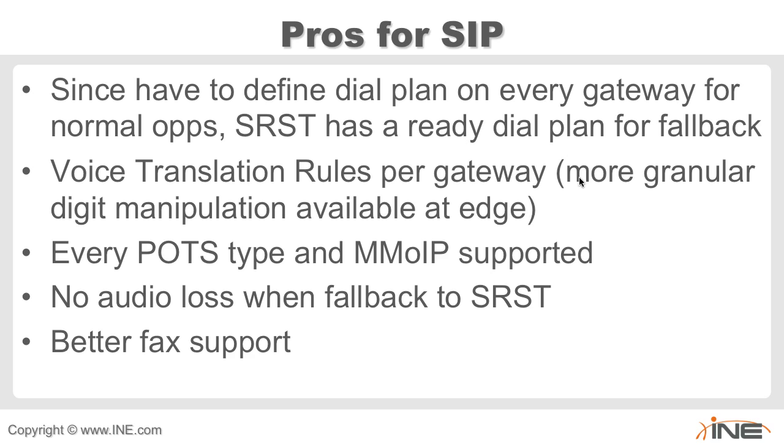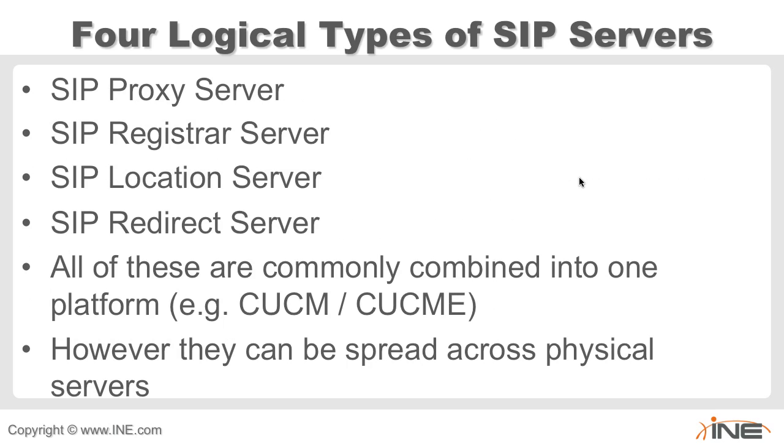4 logical types of SIP servers. There's a SIP proxy server, which proxies things on behalf of someone else. A SIP registrar server for registration. A SIP location server for locating stuff or keeping track of location. And a SIP redirect server, which, guess what, provides redirect services.